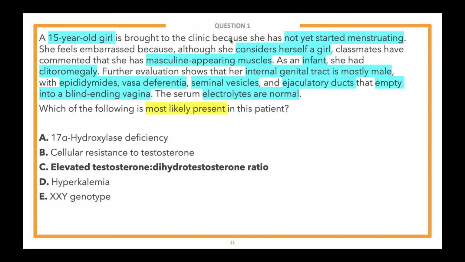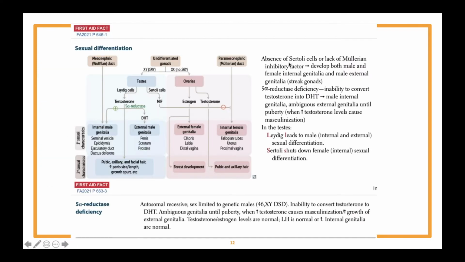And characteristically, the condition here would be 5-alpha reductase deficiency, okay? On the next slide, Sean has gone ahead and pulled up a couple key tables from First Aid, okay? And you can see there, first we'll take a look at that table at the bottom that talks about 5-alpha reductase deficiency, okay? So it's limited to genetic males, and you cannot convert testosterone to dihydrotestosterone, okay? So what does that mean? That means you have ambiguous genitalia until puberty.